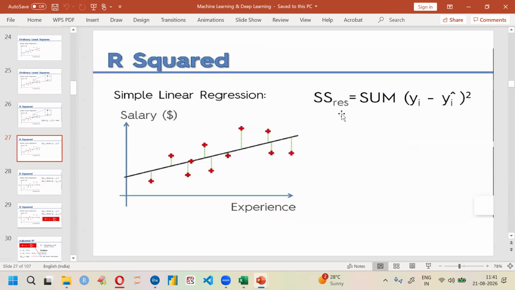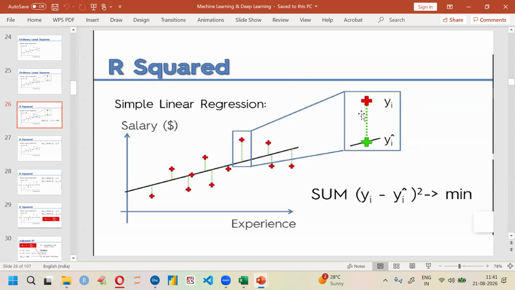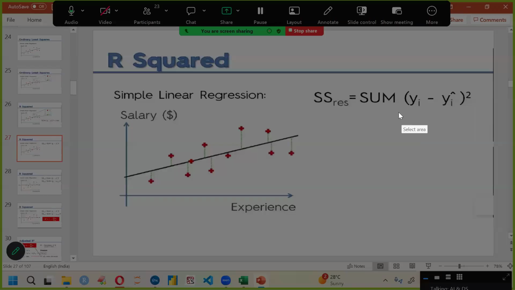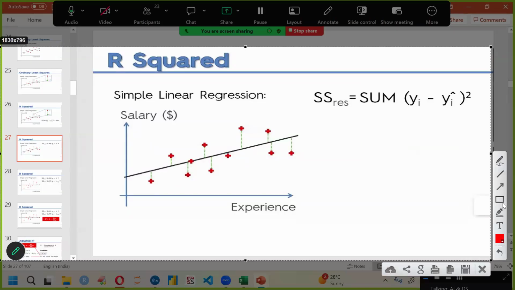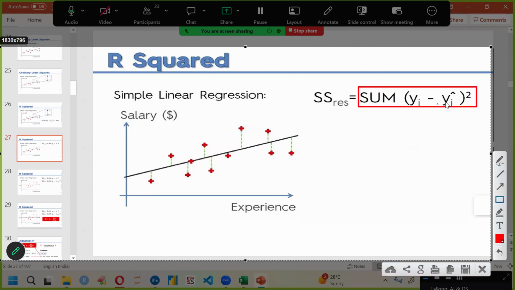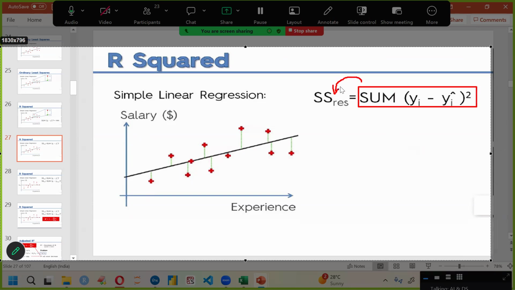What is this SS residual? It is nothing but the sum of the squared differences. After doing the subtraction, I use this formula, the sum of (yi minus yi cap) whole square, and I call this value SS residual. SS residual means sum of squares of residual errors.